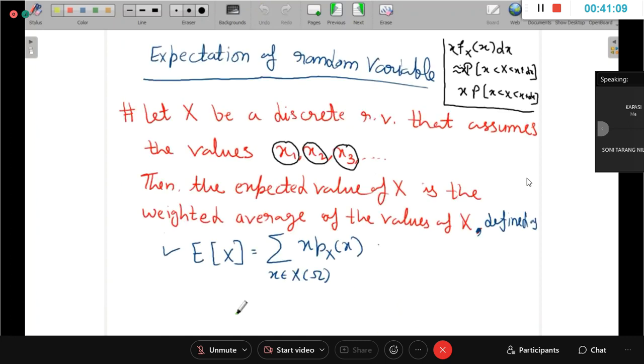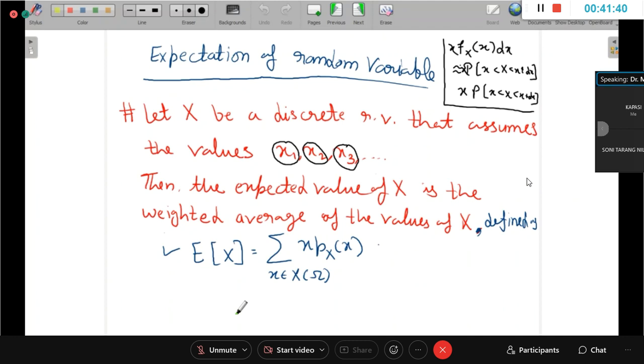Okay, so now we are moving forward to define the so-called expectation of a random variable. Everyone will be interested if you repeat a random experiment up to a certain number of times, and you are specific about the random variable as well.